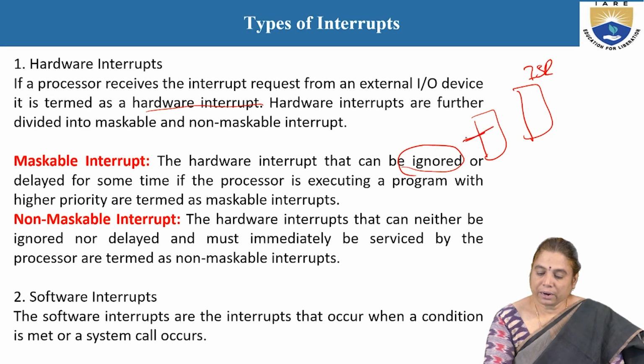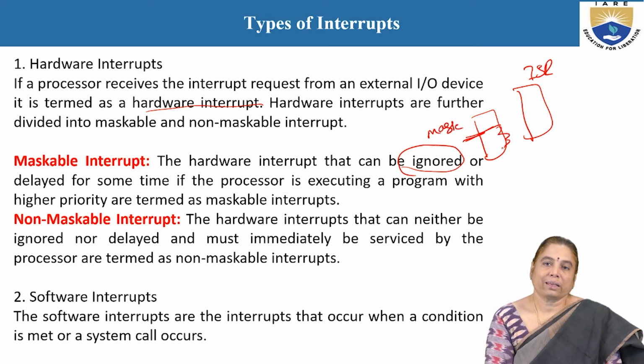If an interrupt is raised at this stage, and it is maskable, then it can be delayed and the execution sequence can be continued. Those are the maskable interrupts. In case a non-maskable interrupt arises here, it immediately switches to the ISR and the interrupt service is done. Those are the two categories, maskable and non-maskable interrupt.